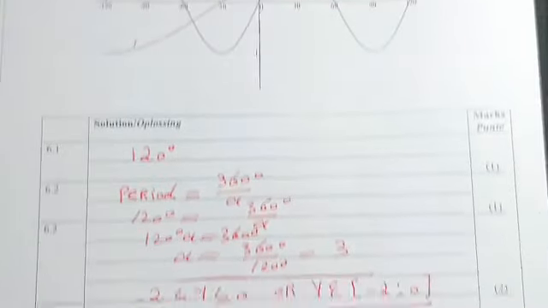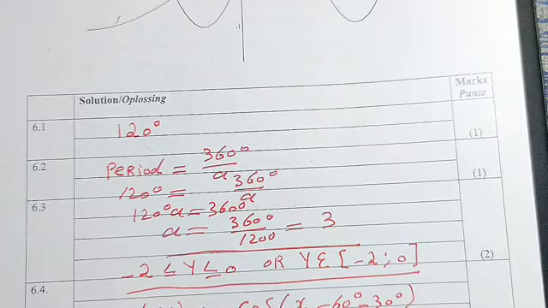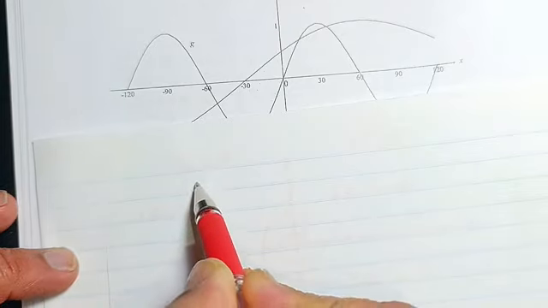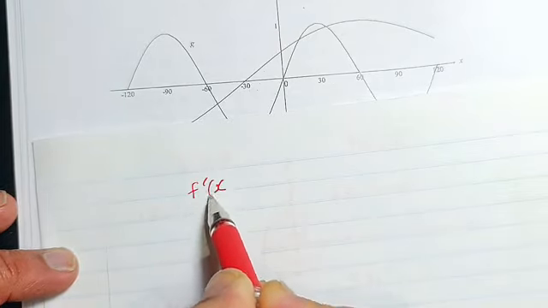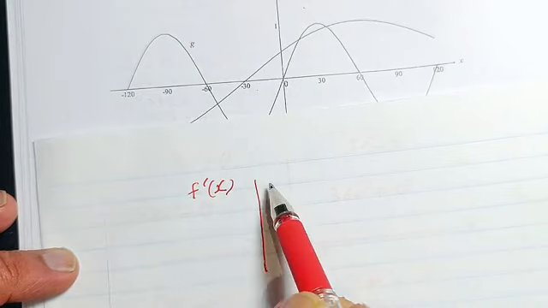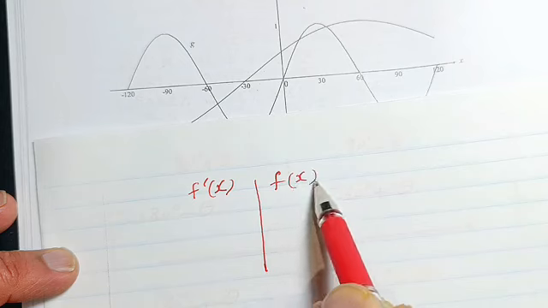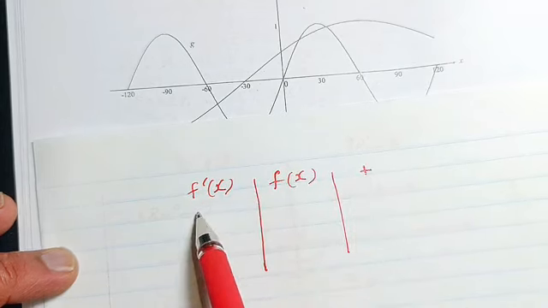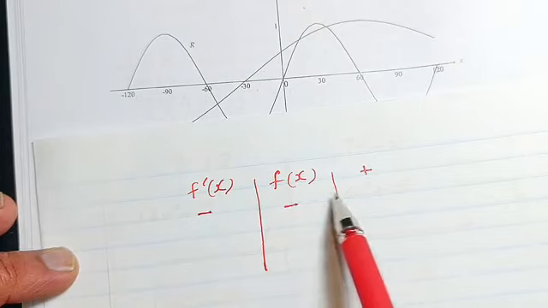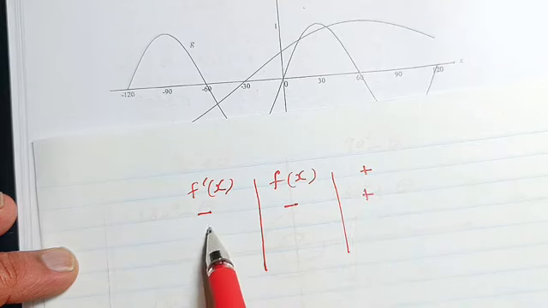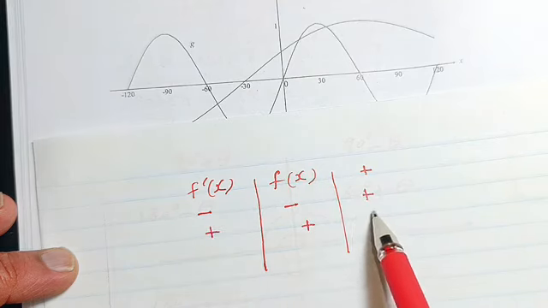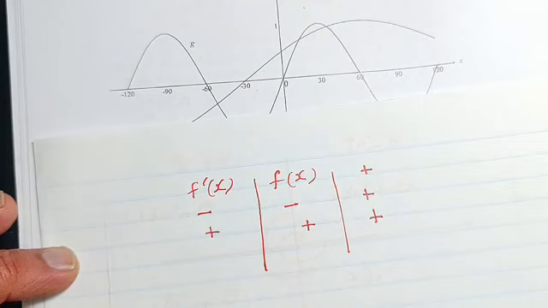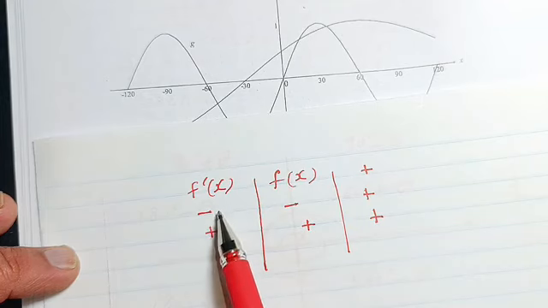The first derivative and f of x, the answer must be positive. So if both are negative, the answer is going to be positive. If both are positive, the answer is going to be positive. Now we need to look where the first derivative is negative and f of x is negative.